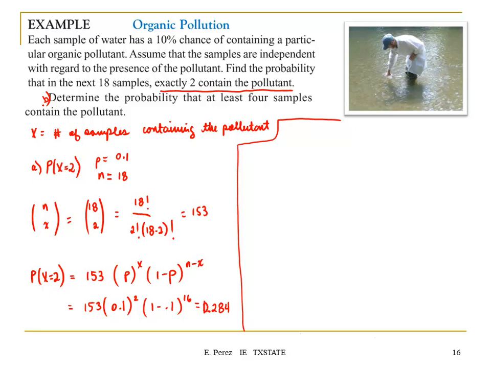So it's the probability that at least 4 samples contain their pollutant. At least 4. Well, not the expression, I just want this portion here. I want you to tell me what is inside this bracket.